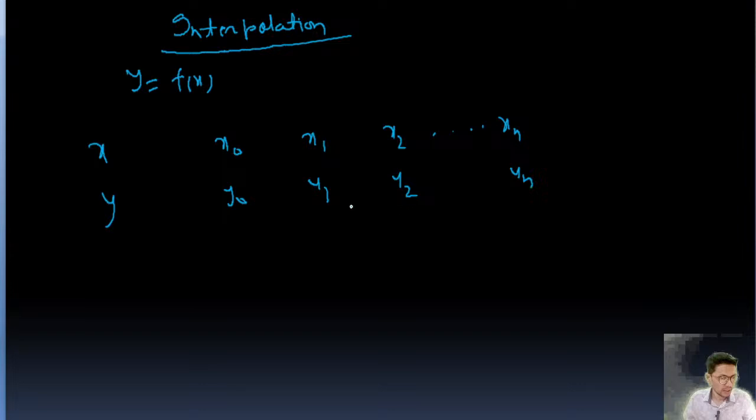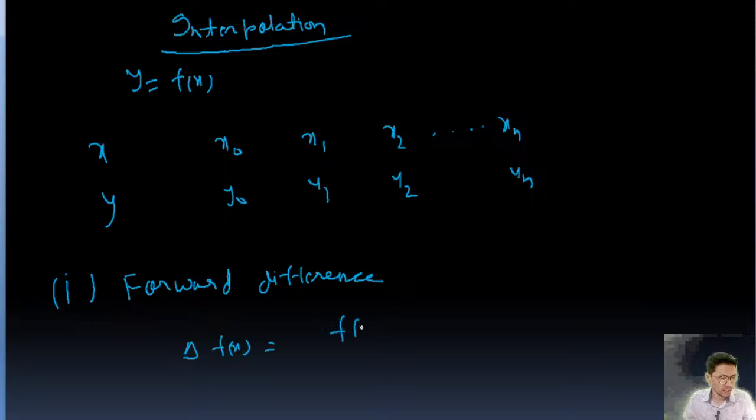Now we'll study the forward difference. So what is forward difference? Forward difference is this one: delta f(x) equal to f(x plus h) minus f(x).